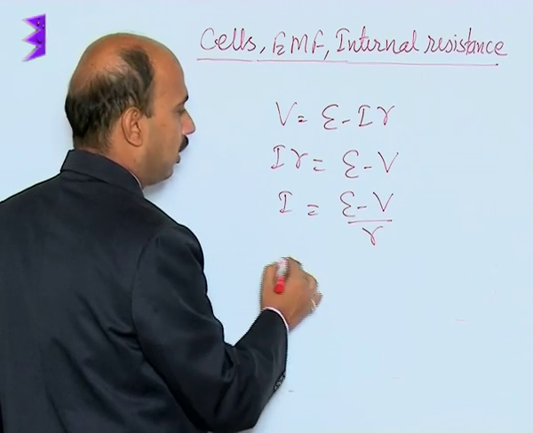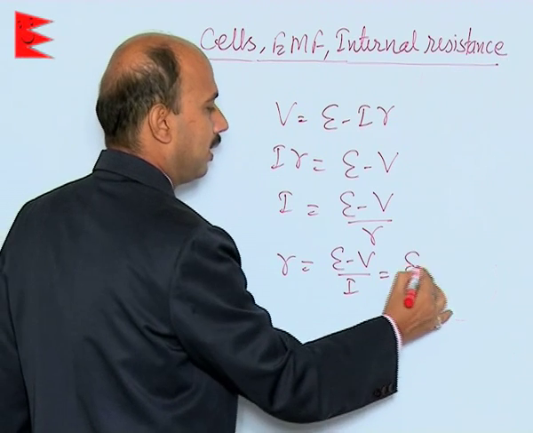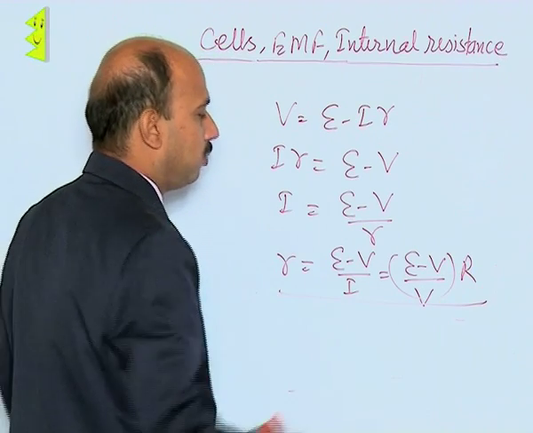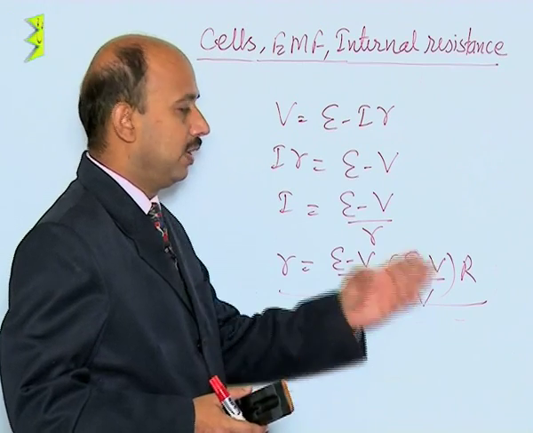Here we have to calculate r, so r is equal to EMF minus V upon I, and since I is equal to V upon R, we can write r is equal to EMF minus V upon V, into R. So, this is the expression for the internal resistance: r equals EMF minus V upon V, into R.